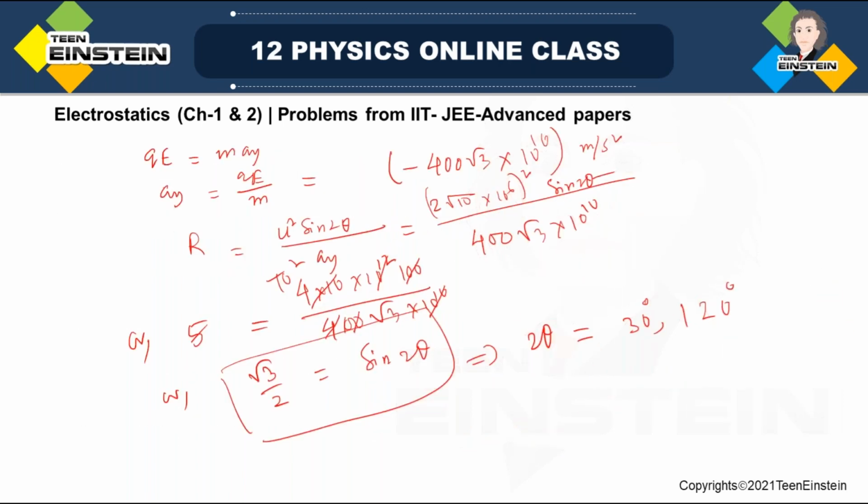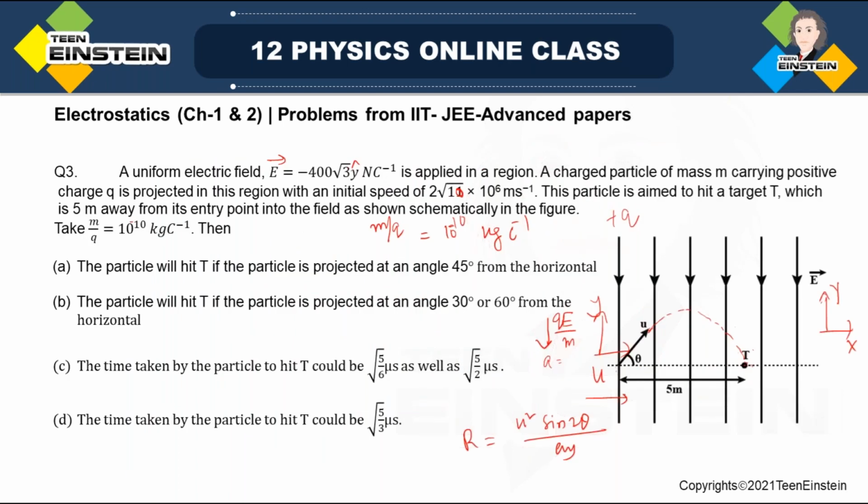Sorry, root 3 by 2 means 60. That means theta could be 30 degree or 60 degree. Okay, so one answer is obtained. So this is correct, but this is not correct.